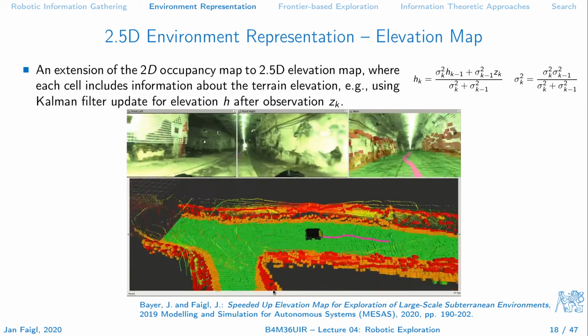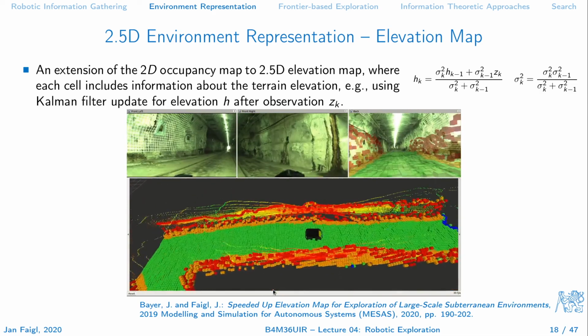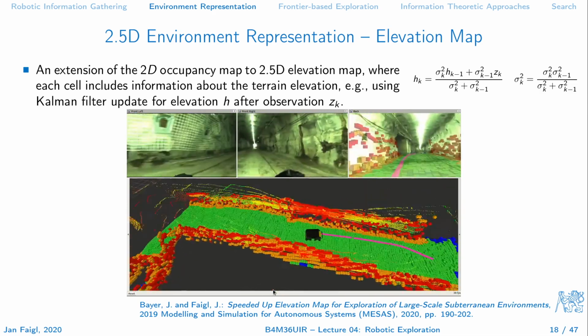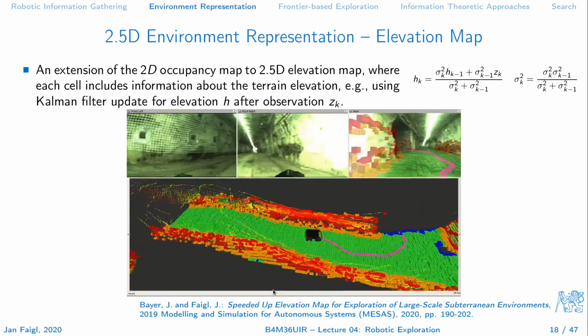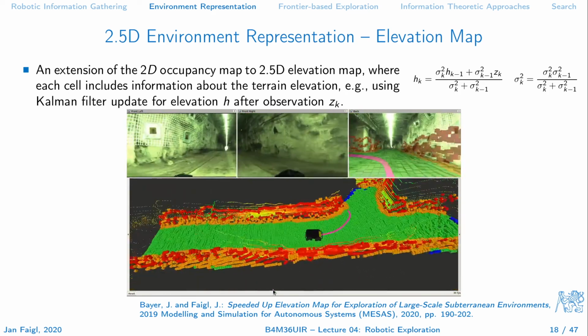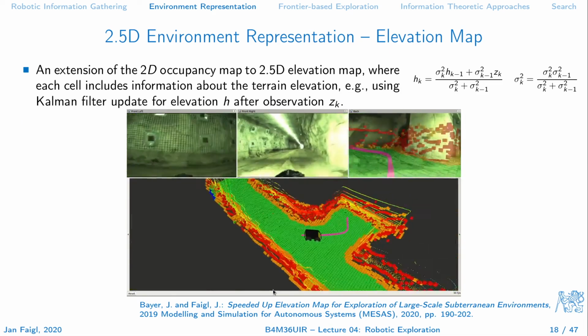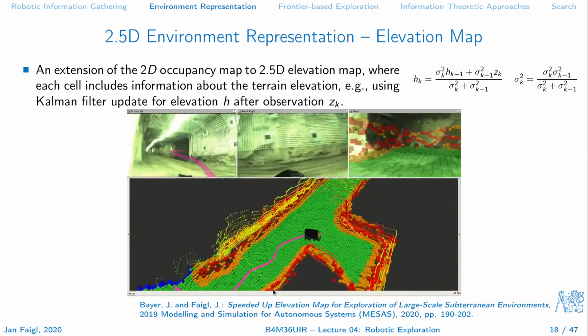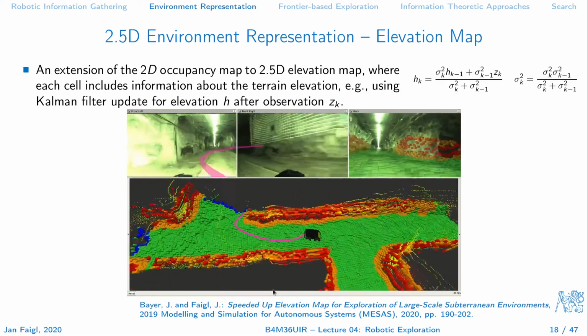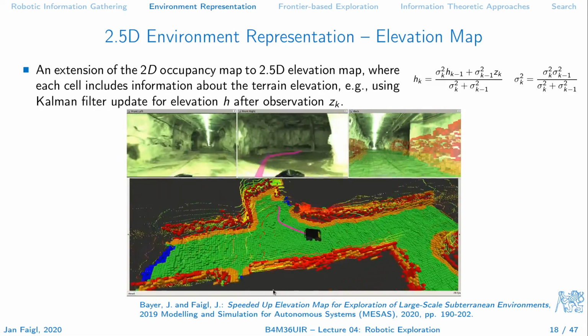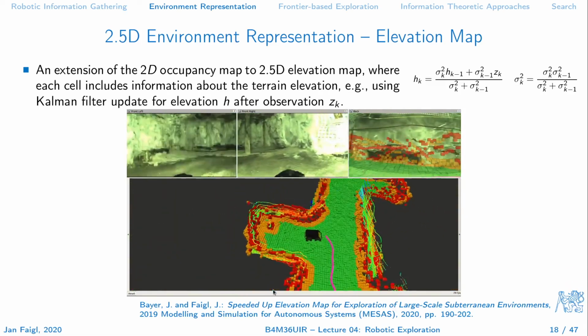So in addition to 2D, we can consider an elevation map, which is shown in this example from the tunnel circuit, probably the Edgar mine, an old gold mine, where the robot is navigated.